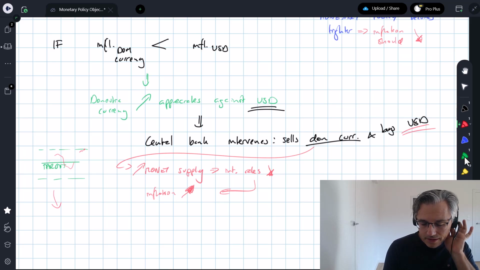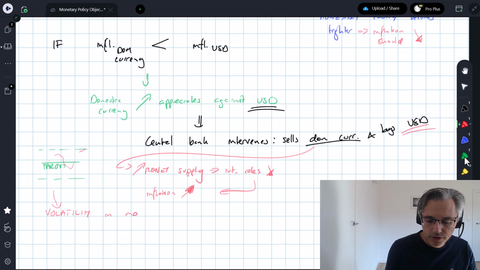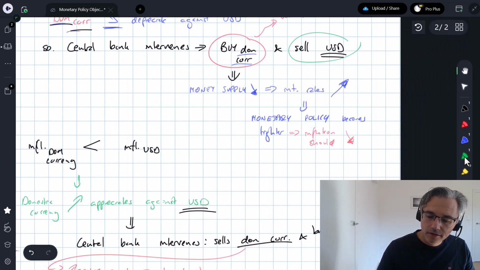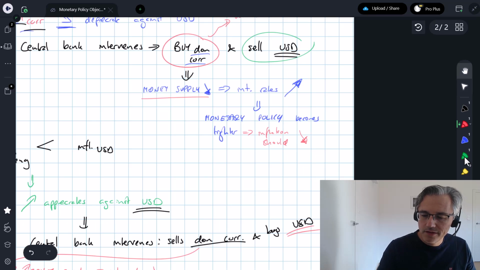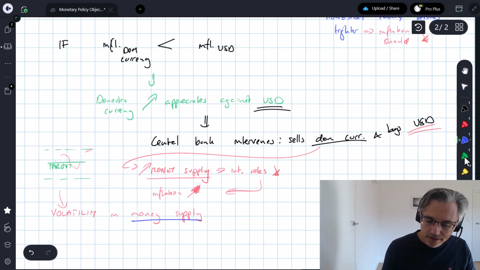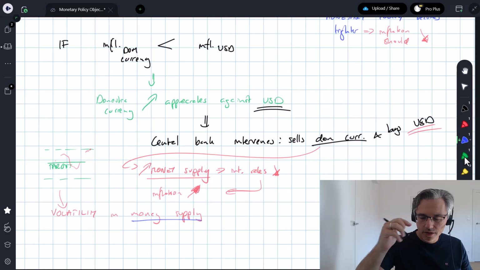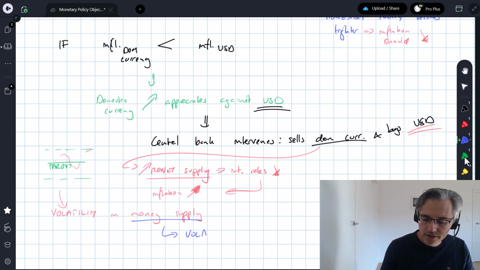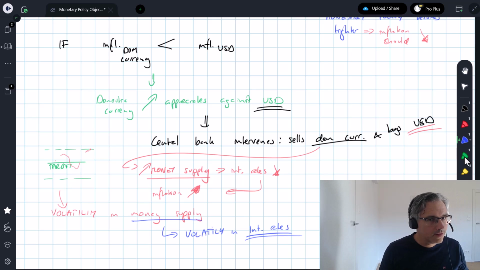And this unfortunately causes a lot of volatility in your own domestic money supply, because money supply is increasing, and when it goes the other way, it's decreasing as a result of you buying and selling the domestic currency in the open market. And in line with that volatility of money supply going up and down, you also have volatility, not in the exchange rate, but in domestic interest rates. So that's the side effect, a lot of volatility, potentially.